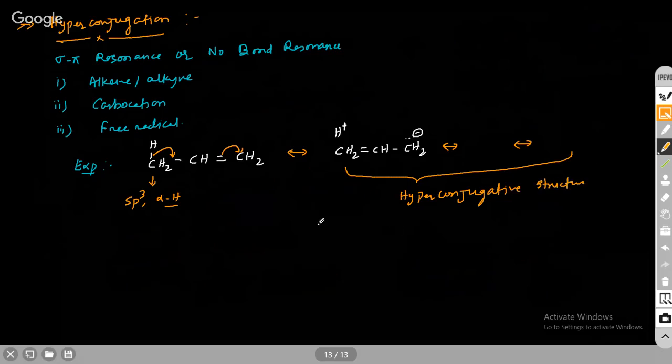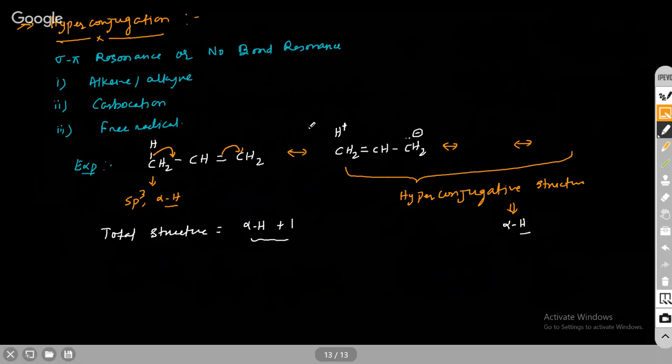If they ask you how many hyperconjugative structures we have, you just have to count the number of alpha hydrogens. The number of hyperconjugative structures is equal to the number of alpha hydrogens present there. If they ask you the total number of structures possible, that will be equal to the number of alpha hydrogens plus the given structure also. This 3 plus this is the total number of structures possible.